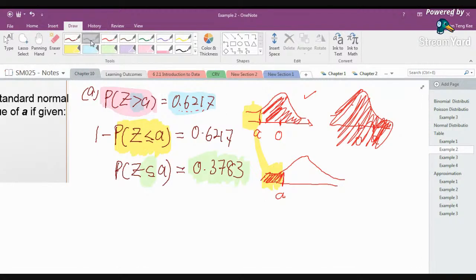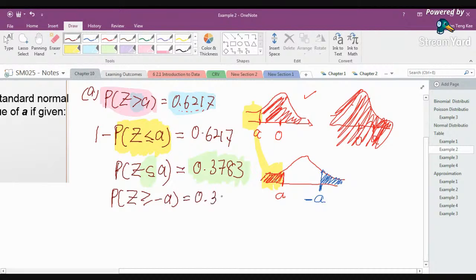And we notice that this region here in red has an equivalent region on the right-hand side highlighted in blue, where the corresponding value will be the same magnitude as A but opposite sign. So on the right, for the one in blue, I have negative A. And therefore from there, you find out that I can have P(Z ≥ −A) = 0.3783.